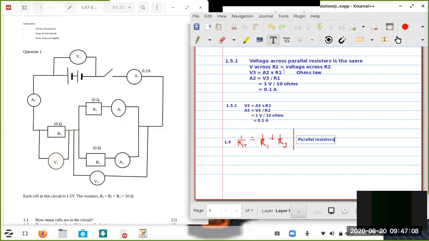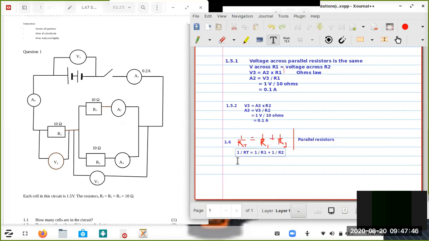That's the reason. So I'm going to rewrite this, but I'll be using word form. That's 1 divided by R total, which means the total resistance will be equal to 1 divided by resistor 1 plus 1 divided by resistor number 2. We are dealing with resistor 1 and resistor 2 because these are the resistors that are parallel to each other.